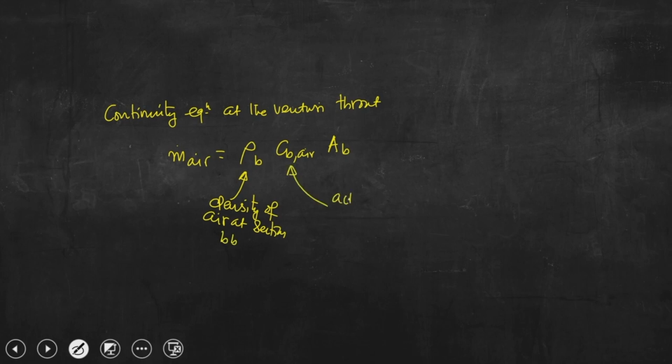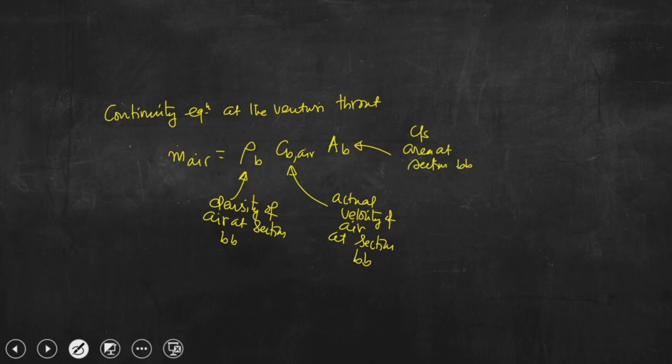This is the actual velocity at section BB, and this is the cross sectional area at section BB. And this is given, 6 kg per minute.